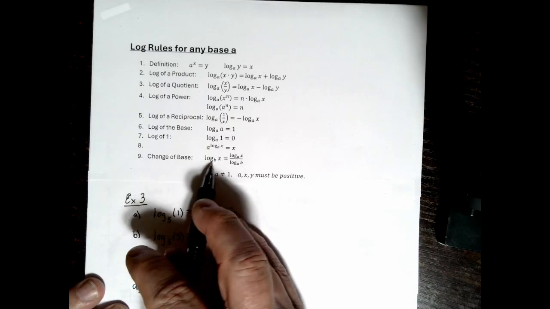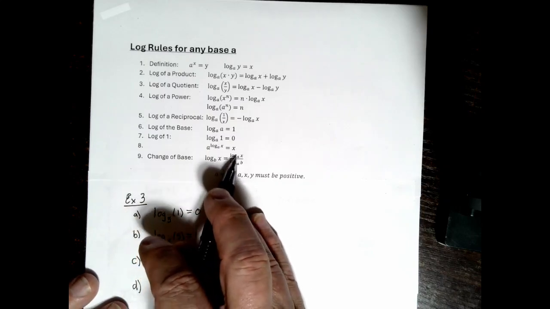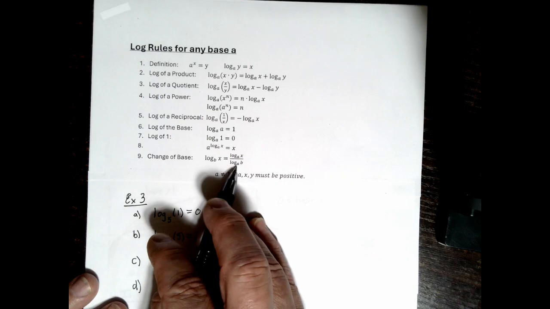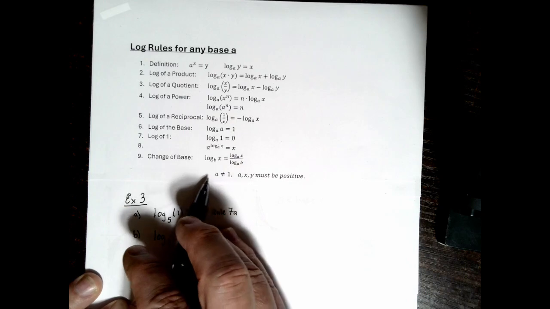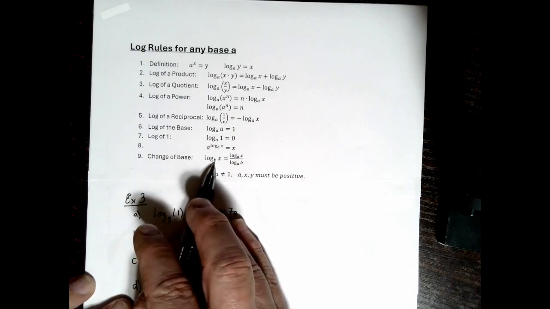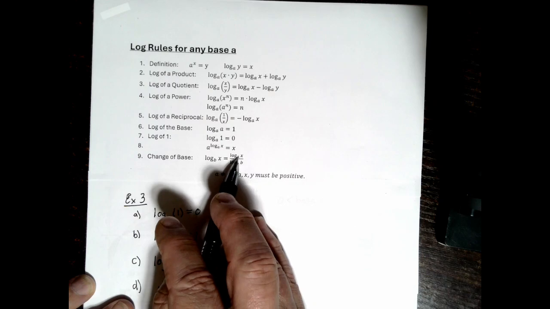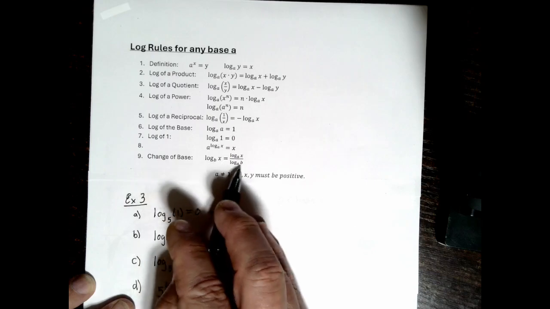If you don't have that, you can change your base easily by just changing it to a base that you want. Now, your calculator can only do 2 bases, base 10 and base E, so don't change it to anything else, otherwise your calculator won't do it. So, whatever your base is, change it to log base 10 over log base 10 or log base E over log base E. The x goes above and the b goes below.